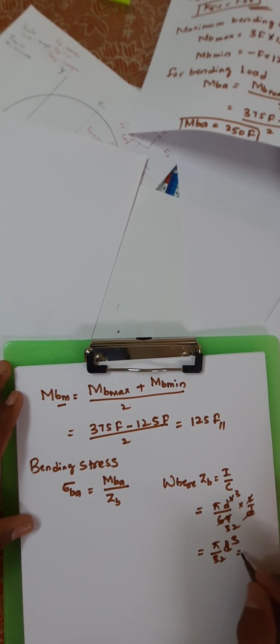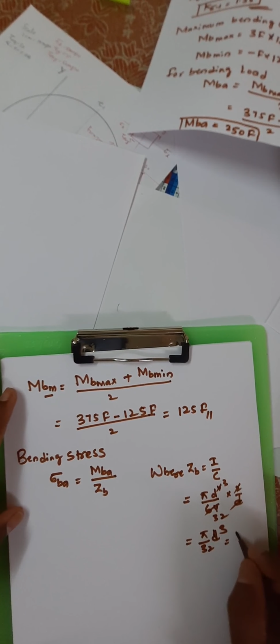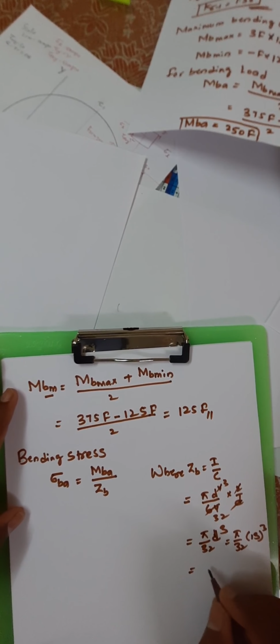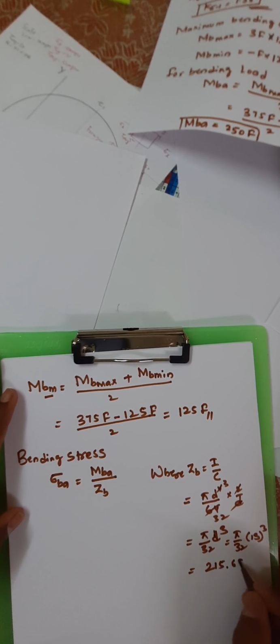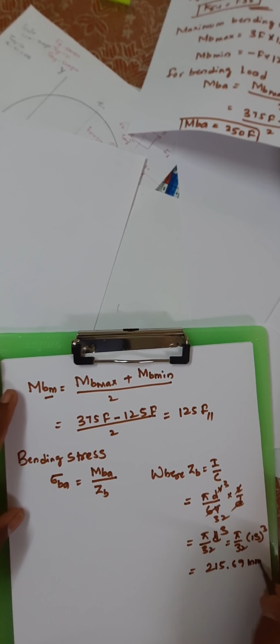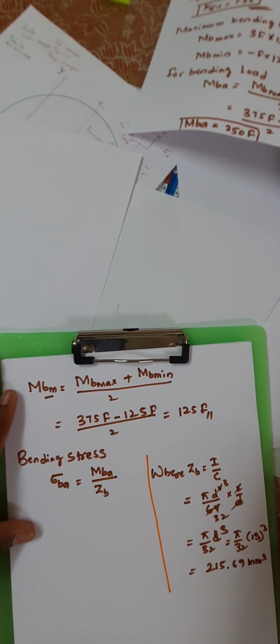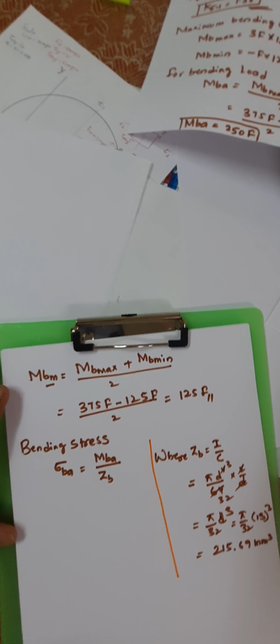If you substitute 13 for d, and simplify, we will get 215.69 mm cube.